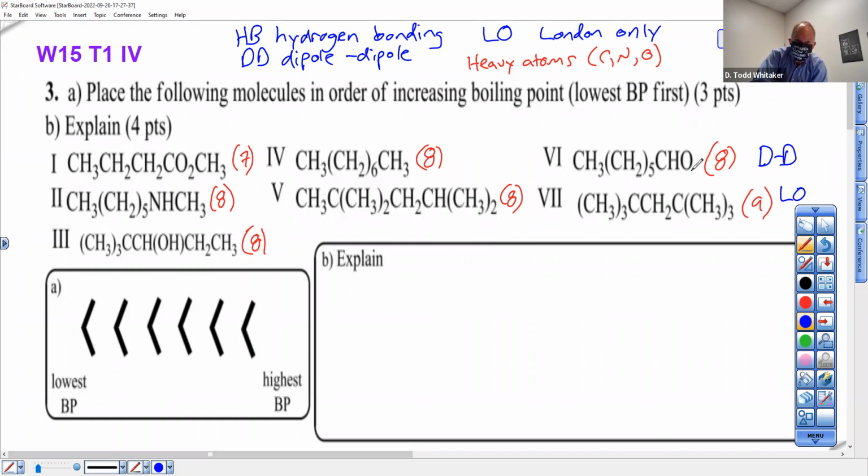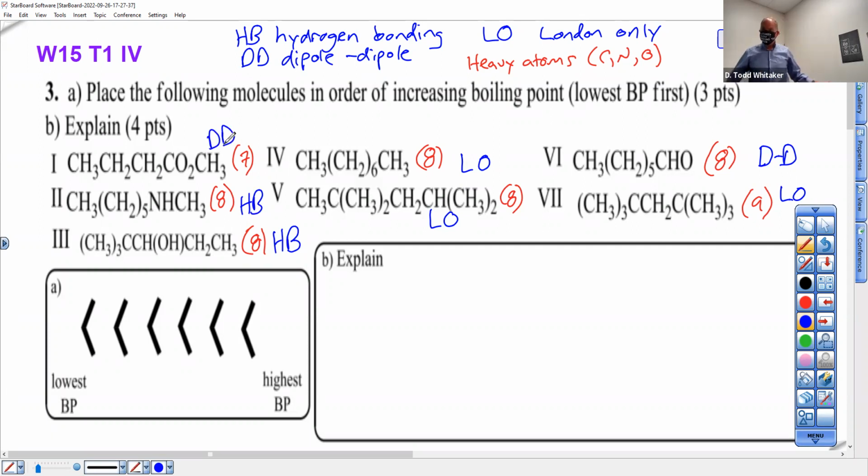That is a polar covalent bond causing a permanent dipole-dipole. This is just hydrocarbon, right? No polar bonds at all. LO, LO, LO. HB, it's got an OH. HB, it's got an NH. Ester has a carbonyl. It doesn't have an OH. So it's a DD.